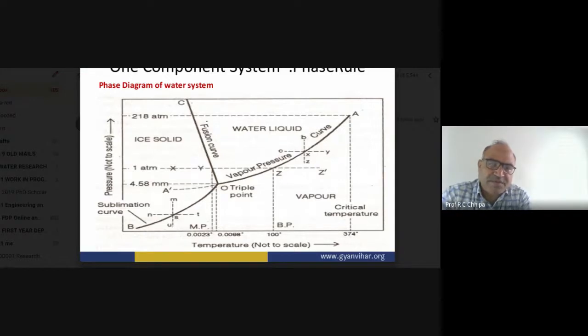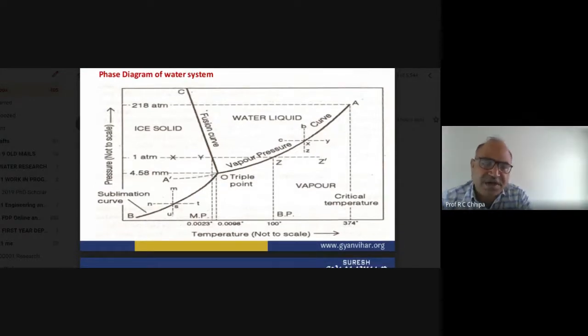Now, when we heat the water, water vapors are obtained. Similarly, here we have to increase the temperature from 100 degrees centigrade, and then the boiling point will also increase, which can also be correlated with the vapor pressure.